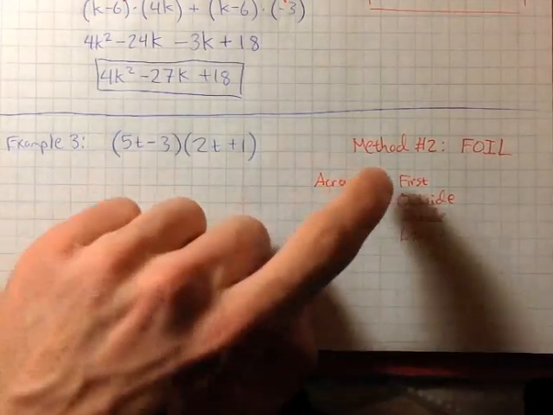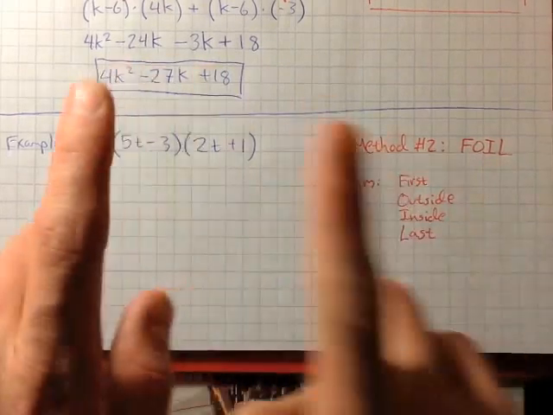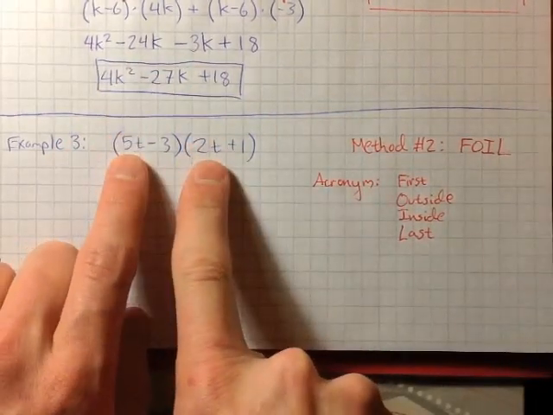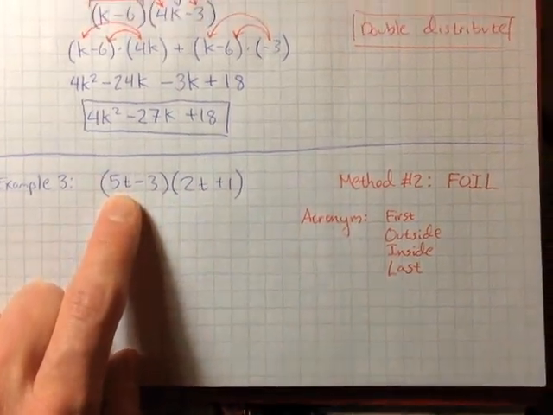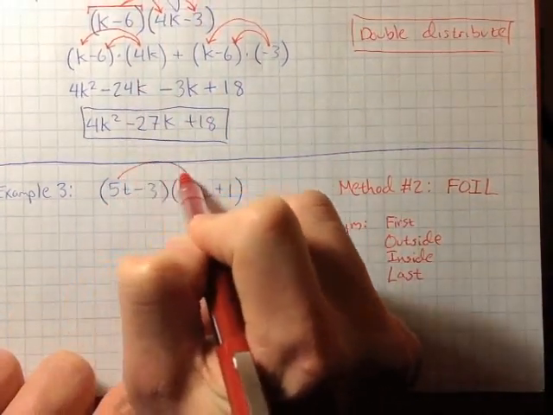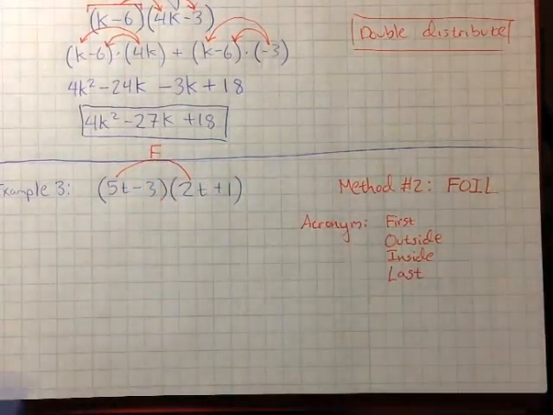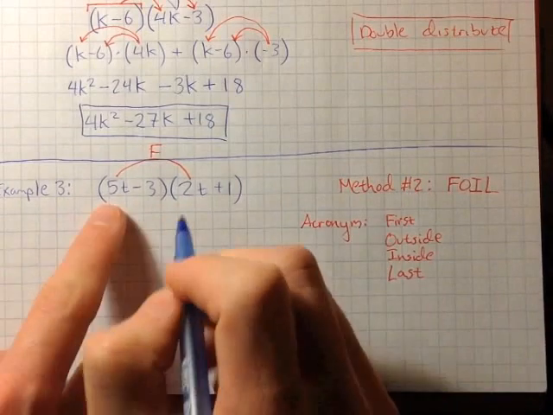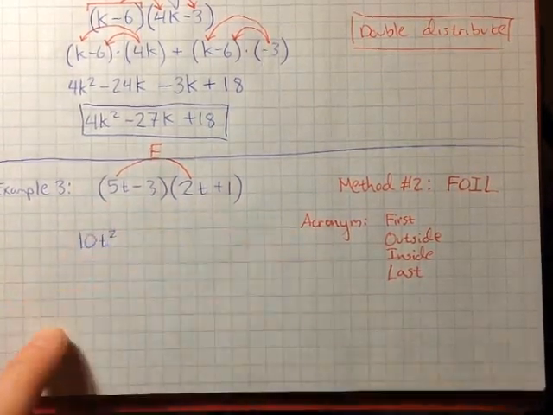First of all, the first. The F tells you multiply the first two terms, the 5t and the 2t. So 5t times 2t, that's the F. 5t times 2t is 10t squared.